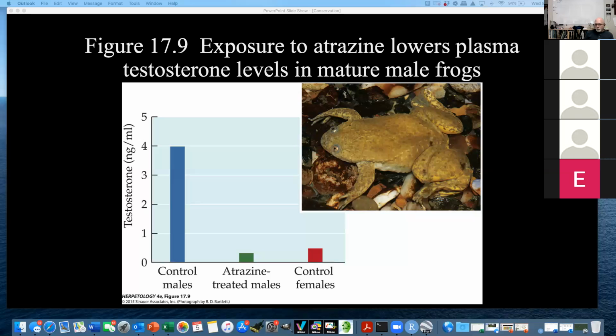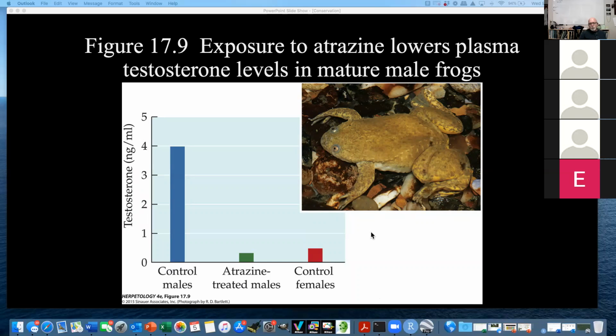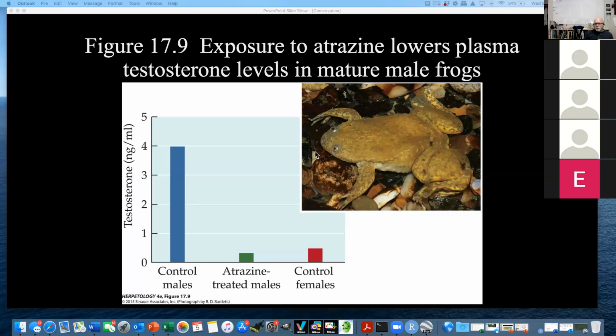And they're so female that they actually can produce offspring, which is one of the striking things about this system. Now, in this case, he's dealing with frogs that are also an introduced species. So you might not be all that worried about declines in an introduced species due to this feminization of male frogs. But if it's happening in this introduced species of frog, it's probably happening in native groups of frogs as well, that you can't go in and do these types of experiments on because they're native.